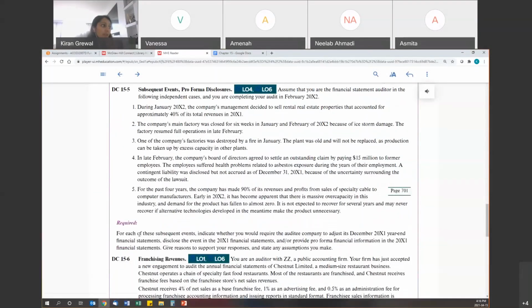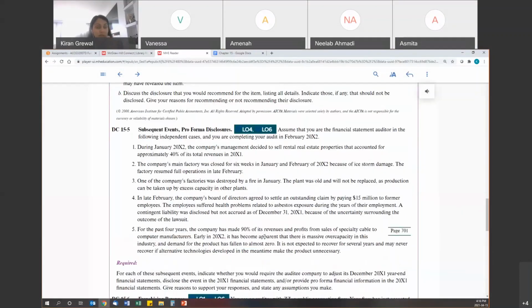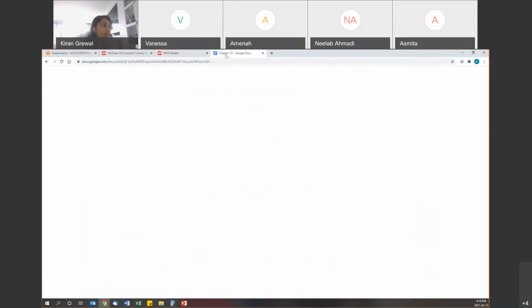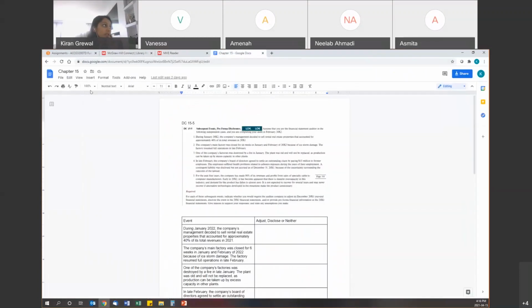So for each of the subsequent events, I want you to indicate whether the auditee company should adjust their December 31st, 2021 year-end financial statements or disclose the event, or do nothing, basically.